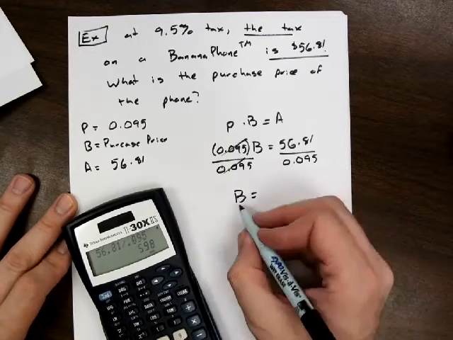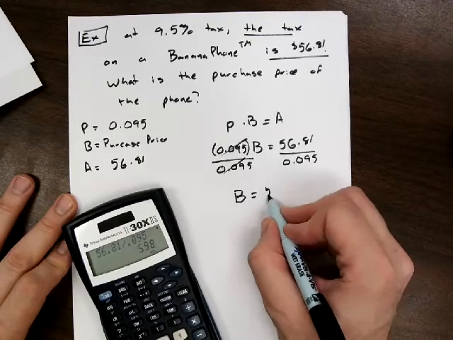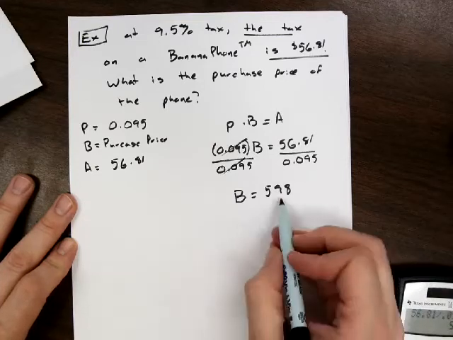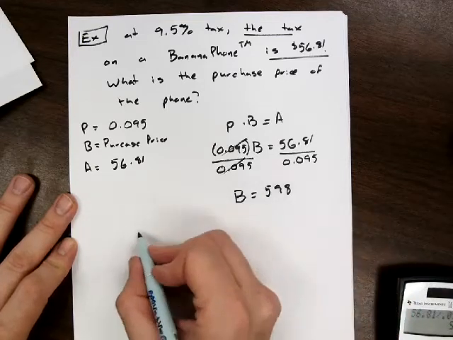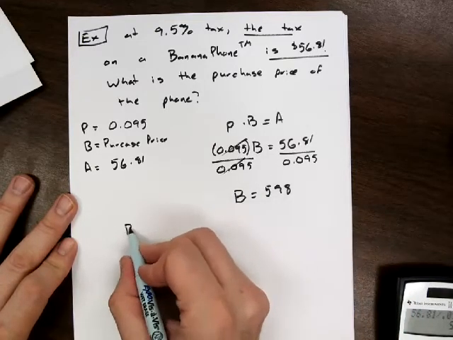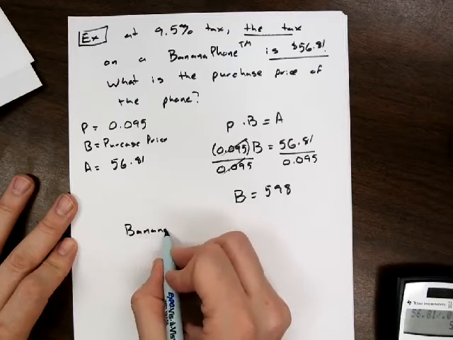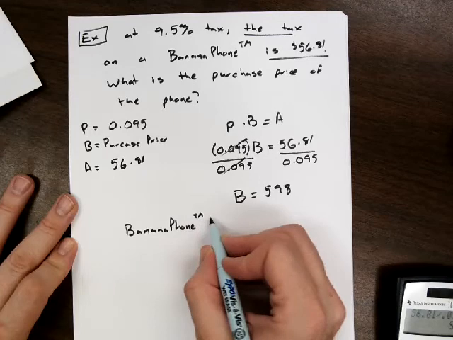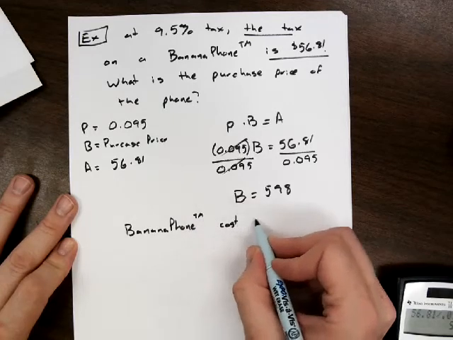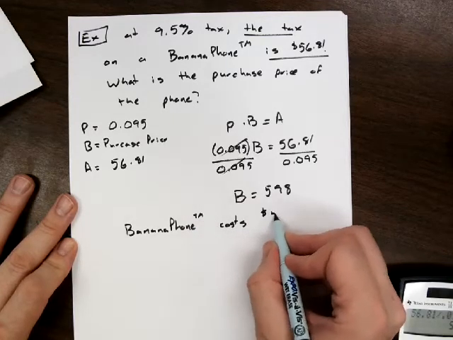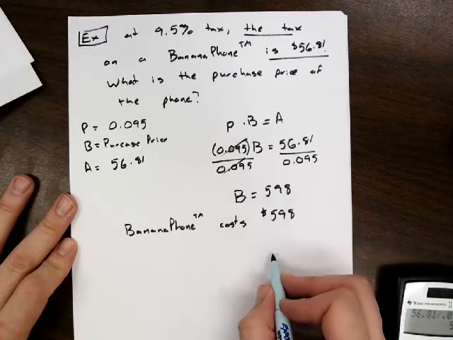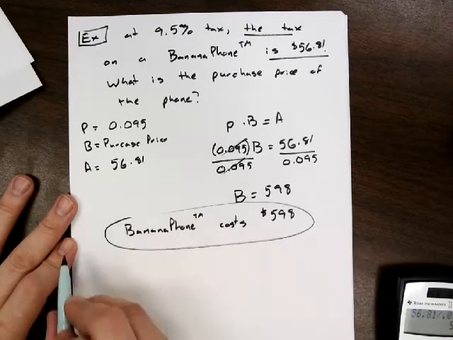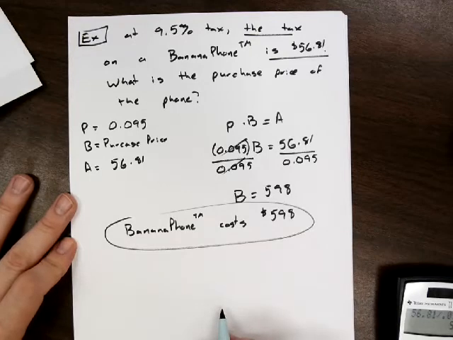And it looks like that base was 598. So I want to say that our banana phone costs $598. That's our original purchase price. Okay.